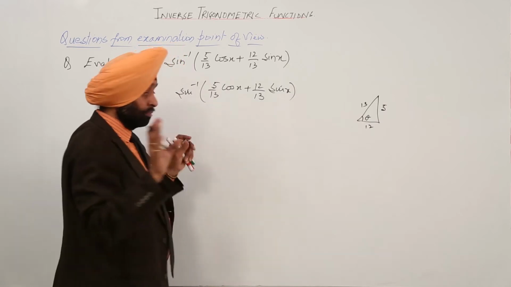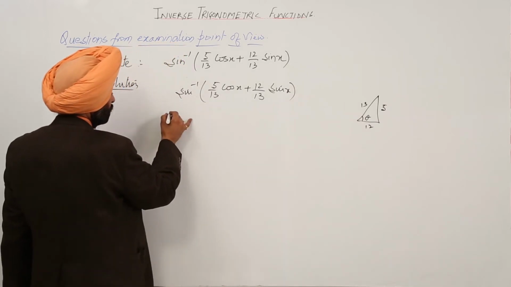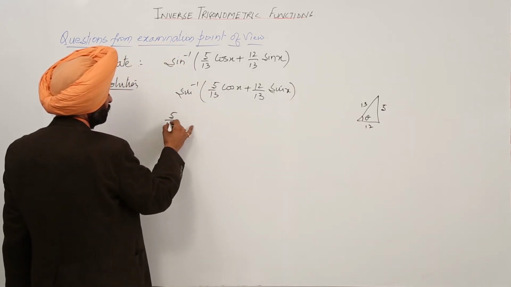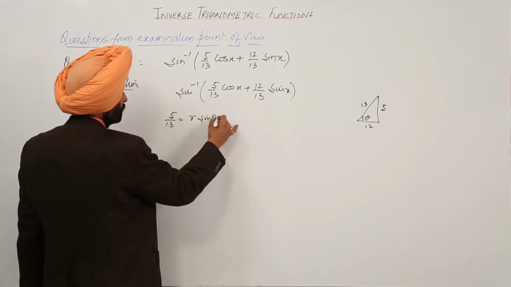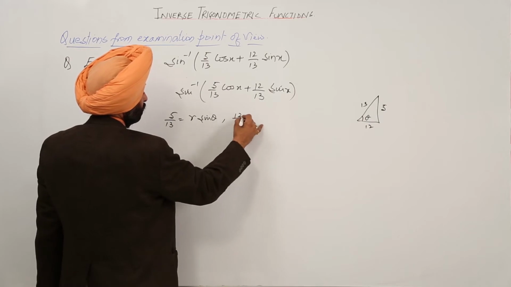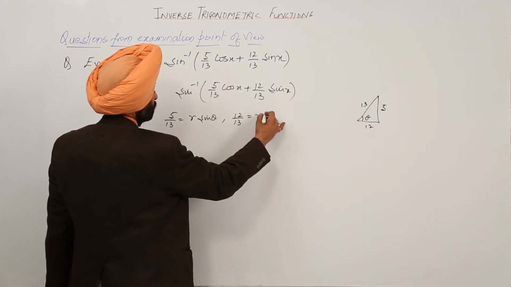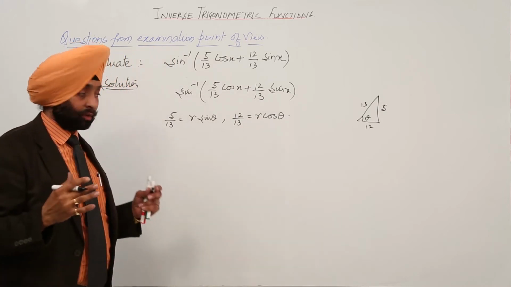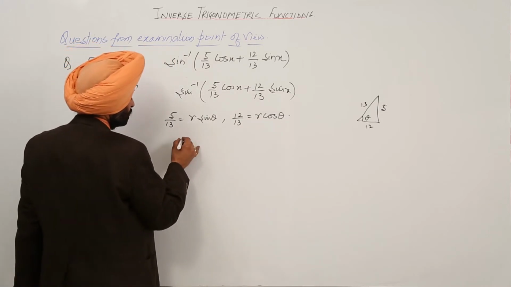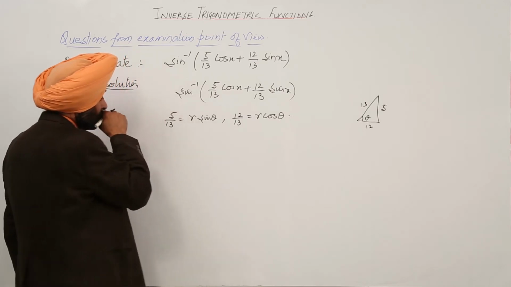Be careful about what I am writing. Now 5 by 13 is equal to r sin theta, and 12 by 13 is equal to r cos theta. Okay, moving with this step.